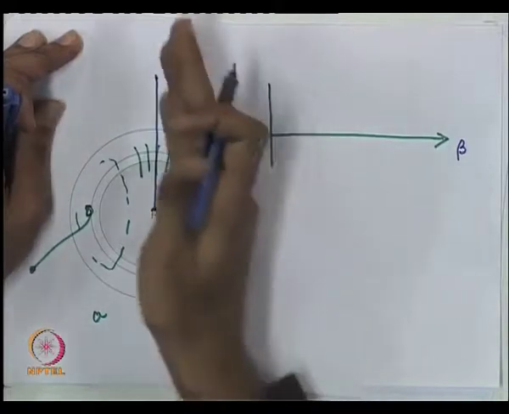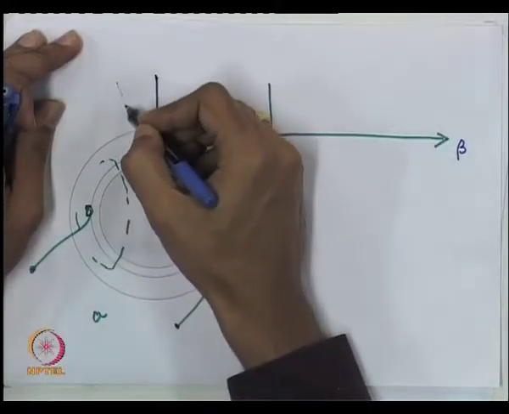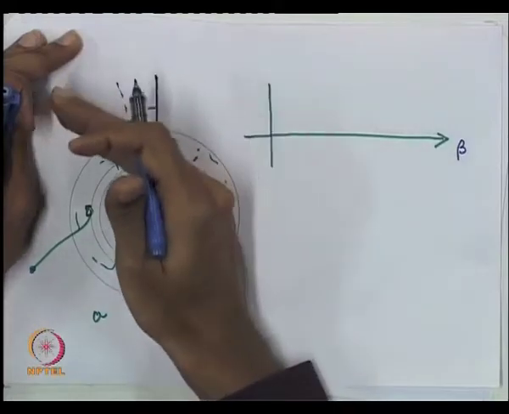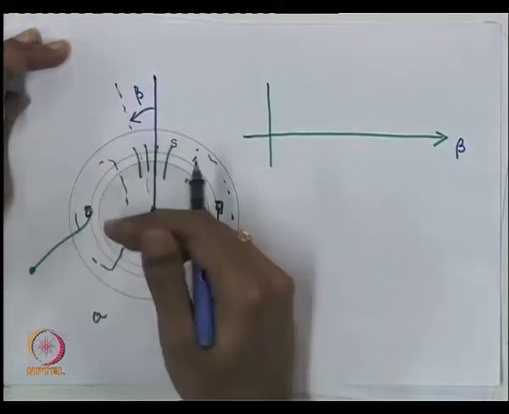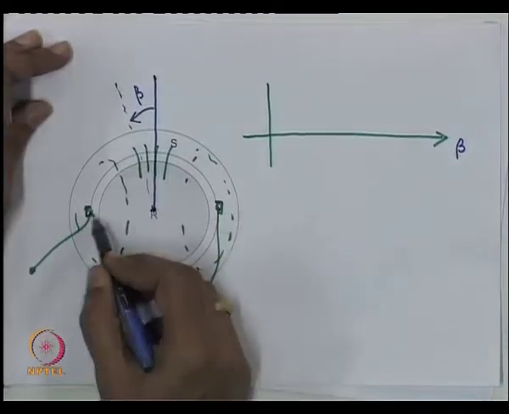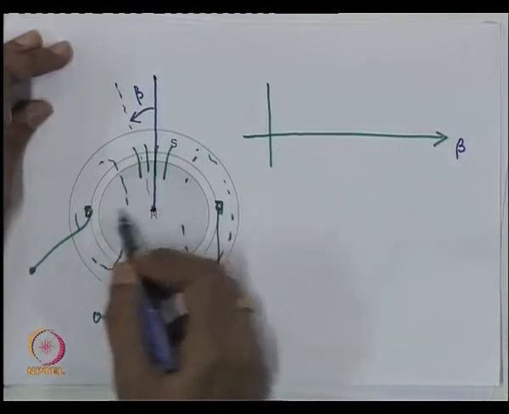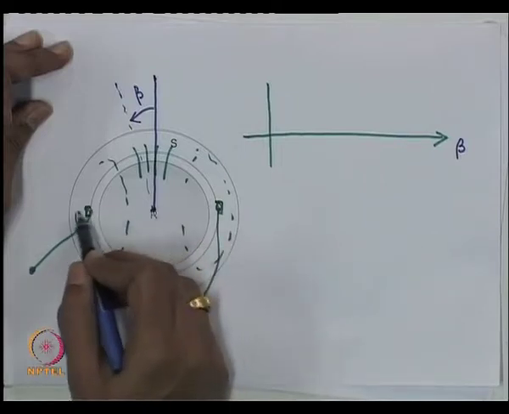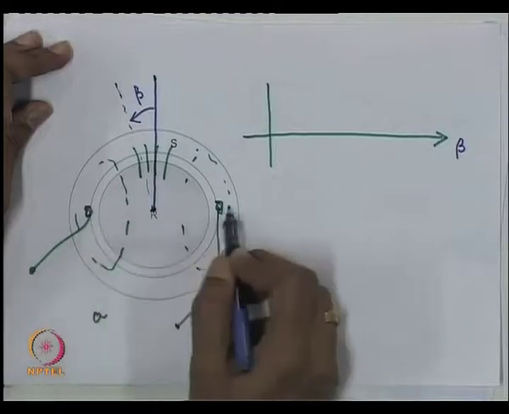It is maximum here, and it tends to drop as beta increases. It becomes 0 here because there is very little flux caused in these directions by the current A. In fact, it is practically 0. So, there will be no flux entering the core in this direction.